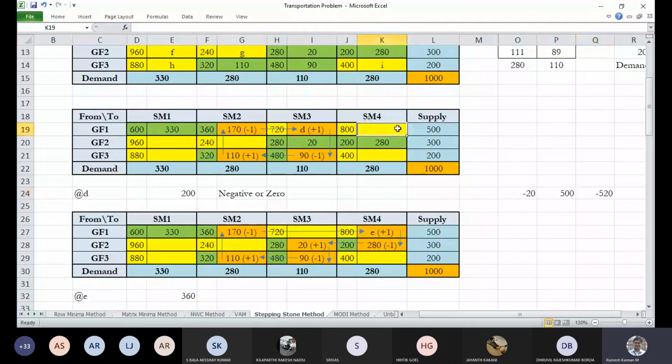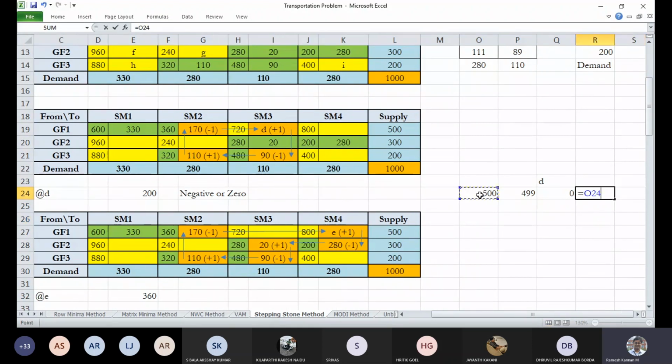So as simple as that. Say the maximum supply itself is 500 and the existing is 330 plus 169, right? Say that's one unit. So this is where we will have the value of D. If D is 200, this will become negative. So that's not possible.